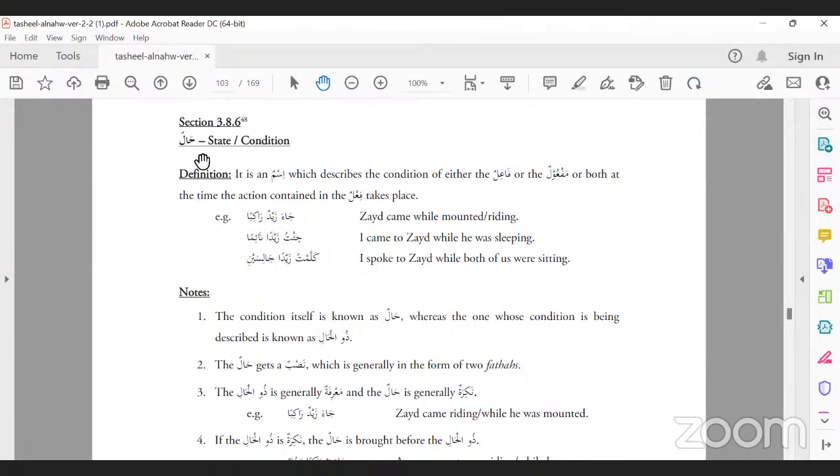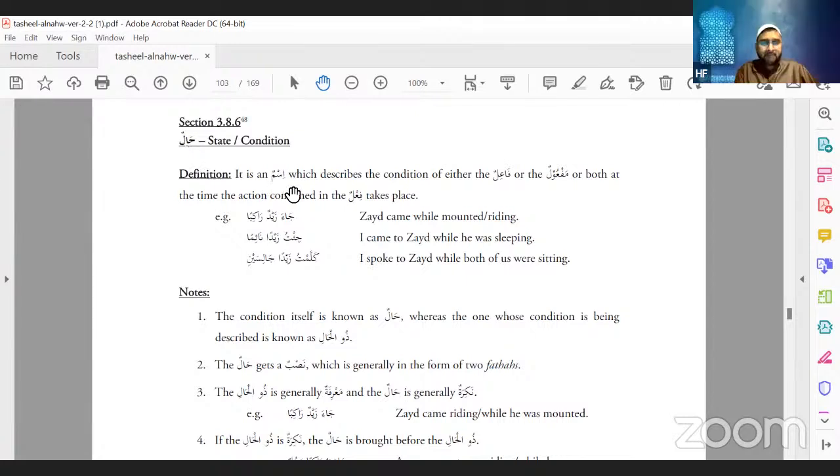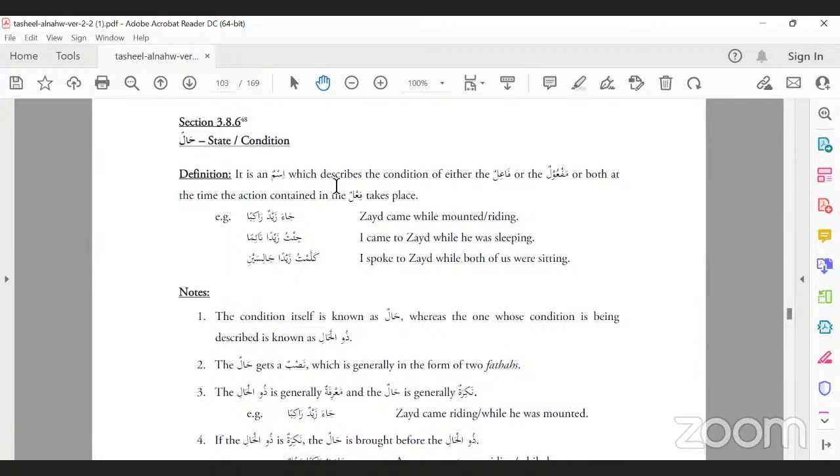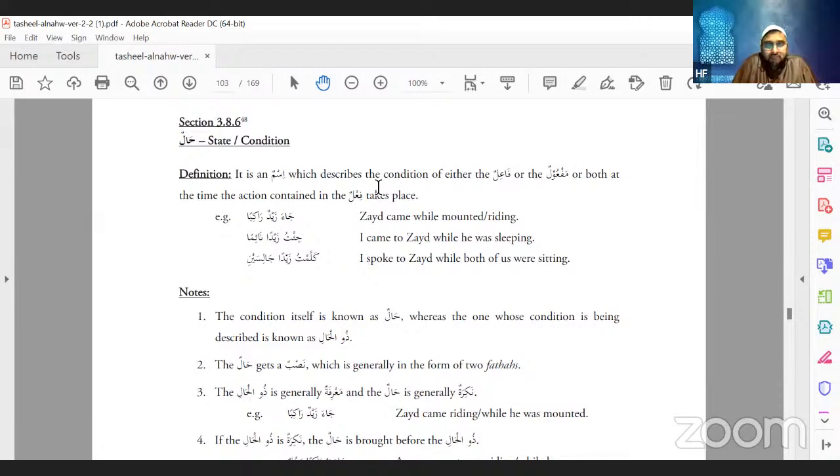Bismillah ar-Rahman ar-Rahim. Hal. It is an ism, the name, which describes the condition of either the fa'ilun or maf'ulun or both at the time the action contained in the fi'lun takes place.